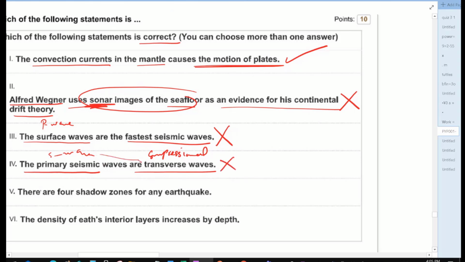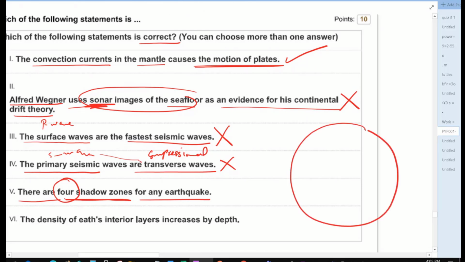So it's wrong. There are 4 shadow zones for any earthquakes. There are 4 shadow zones. You remember when we said the waves will move until they reach a certain angle, which was 103 degrees.